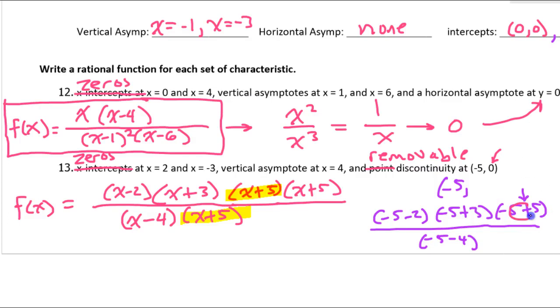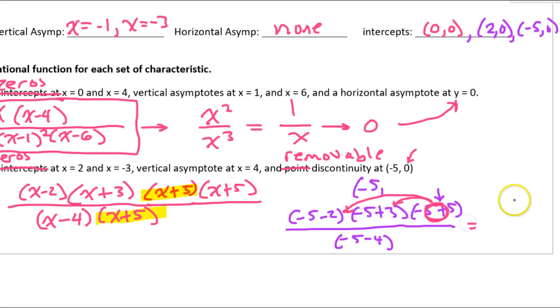And 0 times anything is 0, so I don't even have to calculate out the rest of this. The numerator is going to be 0. And unless the denominator is 0, I'm going to get 0. In this case, it's 0 over -9, which is 0. So that gives me the removable discontinuity at -5, 0.